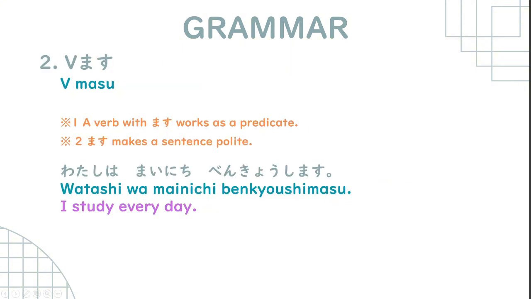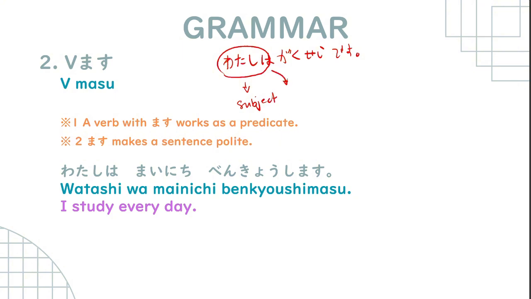Next up we have masu, verb masu. Okay, a verb with masu works as a predicate. Predicate again. For example, 私は学生です, right. 私は, this is the subject.